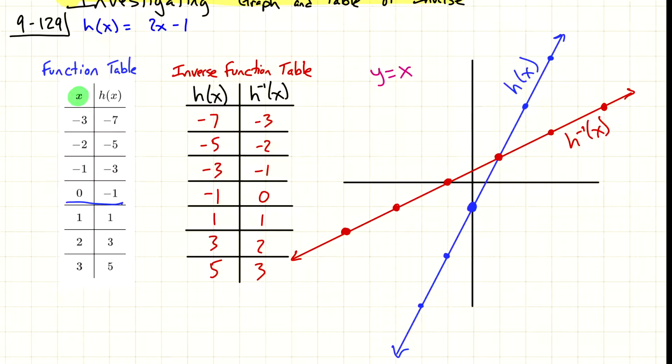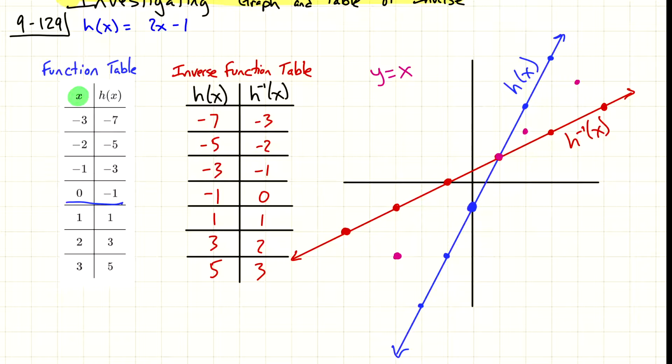So what does the equation y equals x look like? Every time you plug in a number for x, you get the same thing for y. If I plug in a 1, I get a 1. If I plug in a 2, I get a 2. If I plug in a 4, I get a 4. If I plug in a -3, I get a -3.